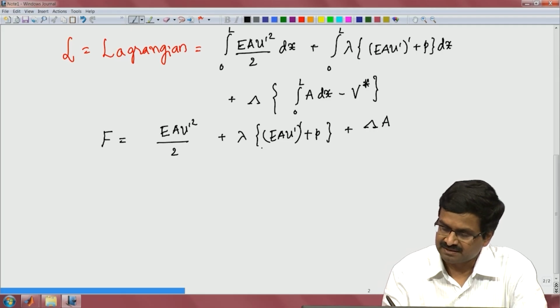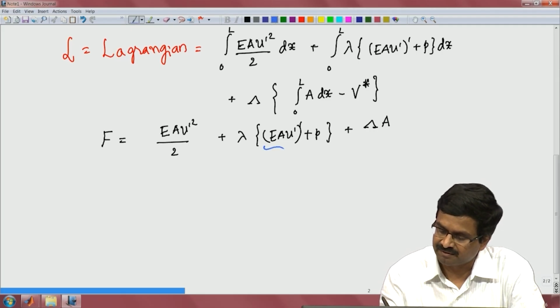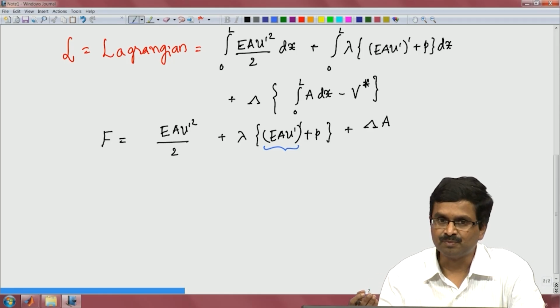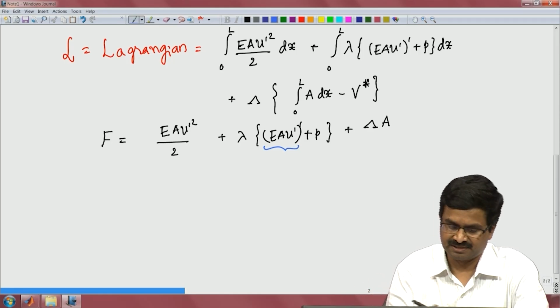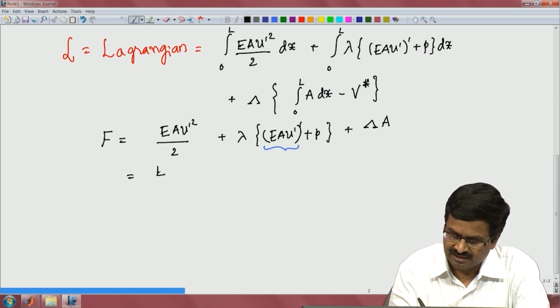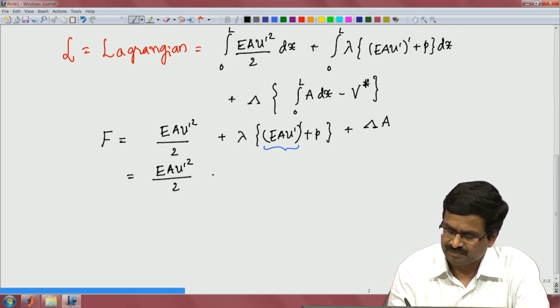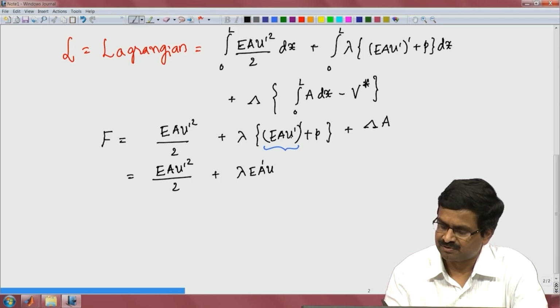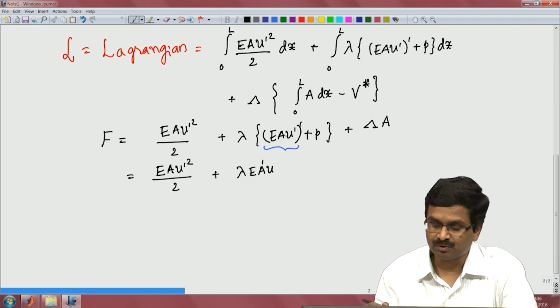Let us expand this term before we proceed, so that we can see u prime, u double prime explicitly. So, let us write this as E A u prime square by 2 plus lambda times, if I expand it, it will become E A prime u, where A and u prime both are functions of x.